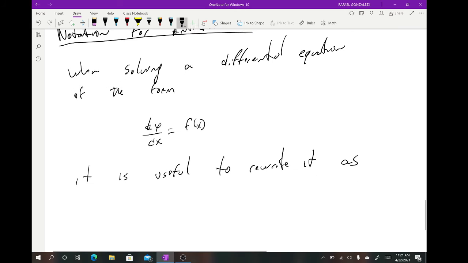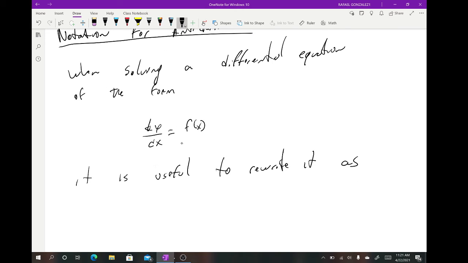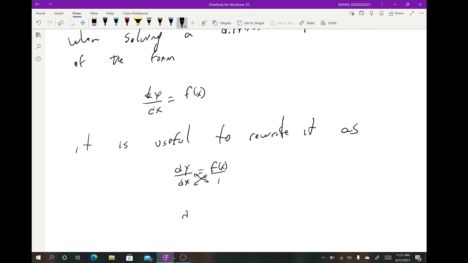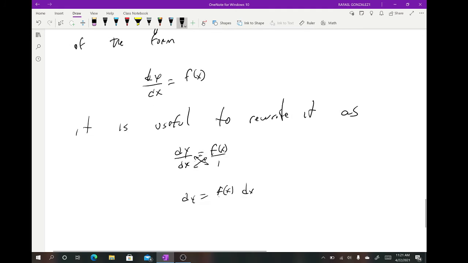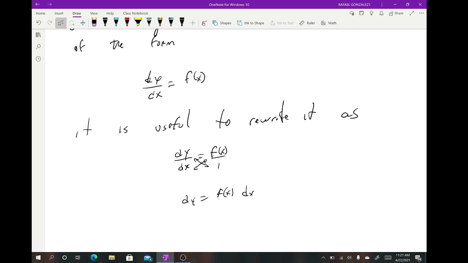Simply cross multiply. We have dy dx equals little f of x, technically over 1. So what we're really doing is kind of cross multiplying. So you have dy on one side and f of x dx on the other side. This is a very conventional notation for a differential equation.